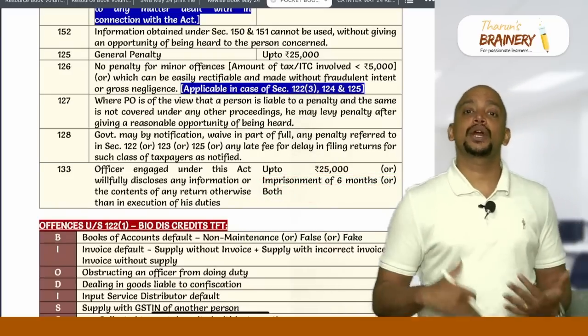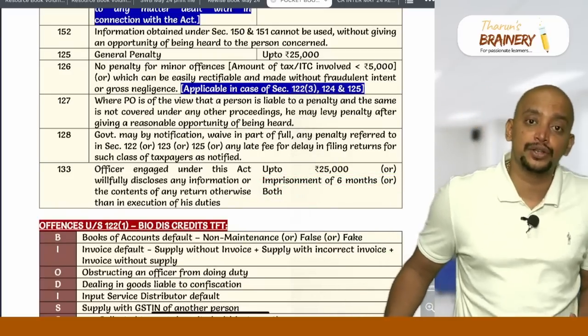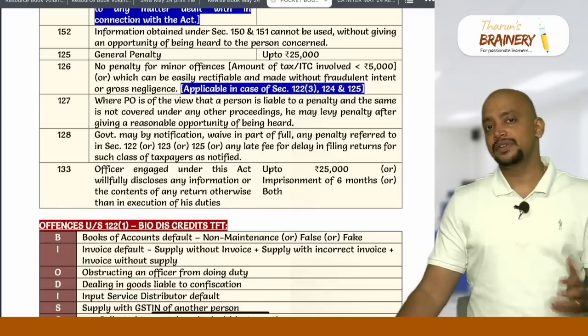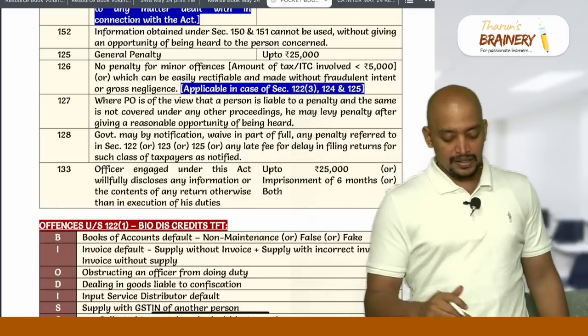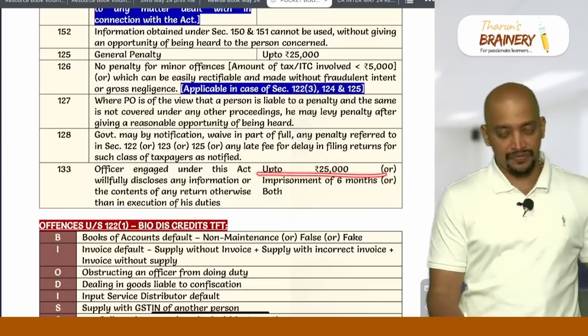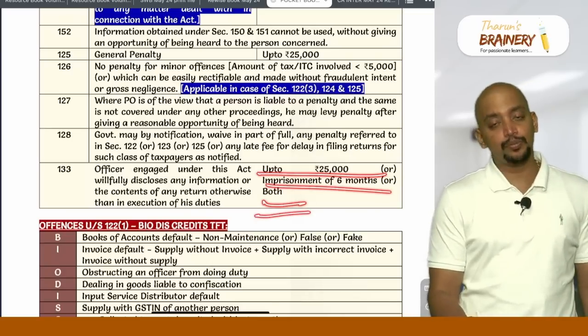Unless the officer is required to disclose that information in execution of his duties, it's okay, otherwise this penalty will be applicable. So up to 25,000 is a fine, or imprisonment of 6 months, or both can be levied.